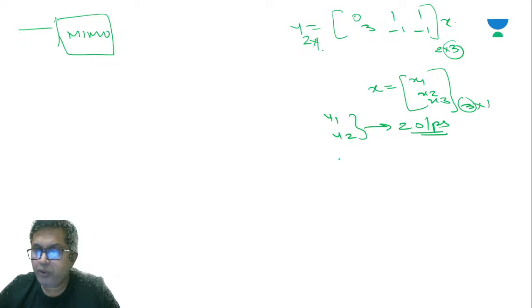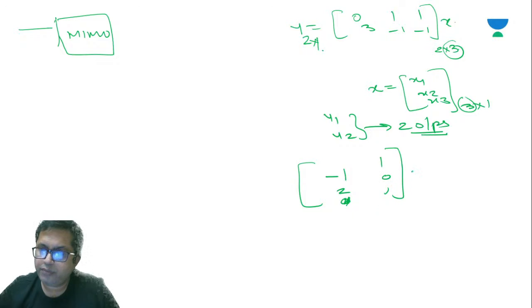Now input. The input matrix is [-1 2; 1 1; 0 1]. So what is the size?